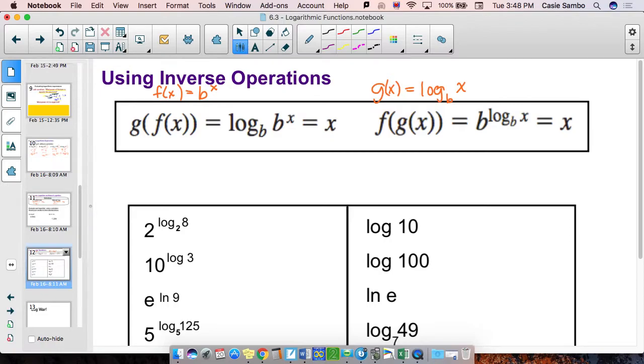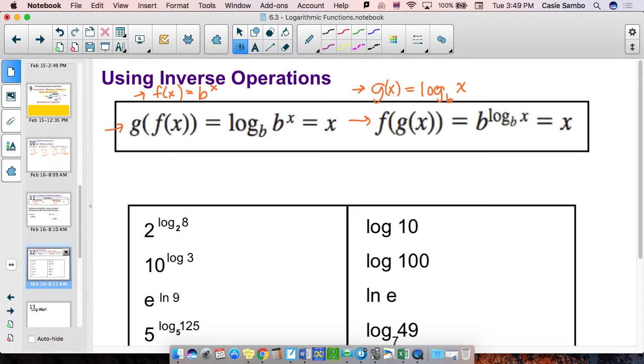So because they're inverse functions, if we think back to 5.6, we know that our definition of inverse functions is that when we take g of f of x, it should give us x, and f of g of x gives us x. So you're going to write down these functions here, and then these two definitions in your inverse operations box.